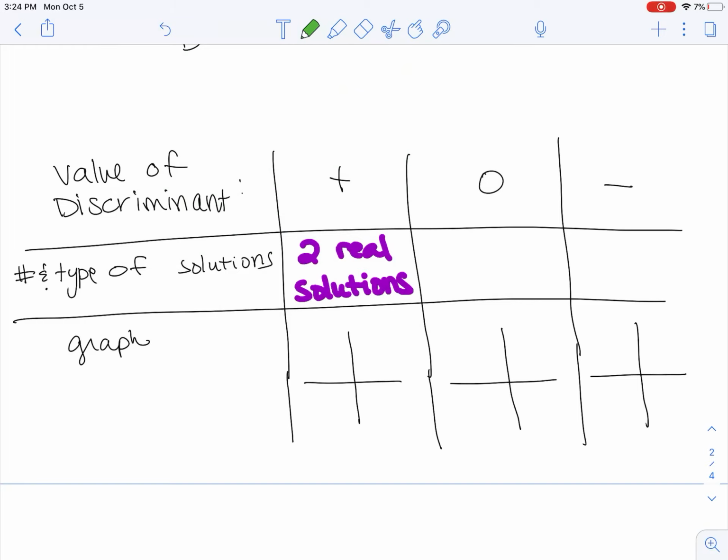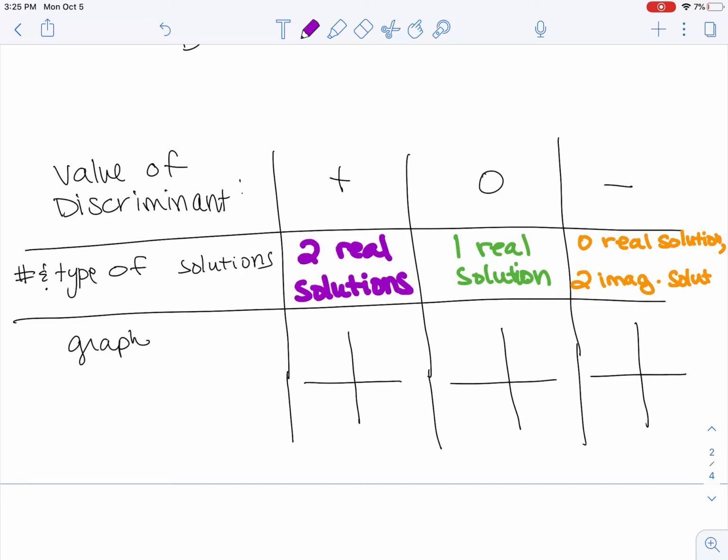If it's 0, if the discriminant is 0, it tells me that for that quadratic equation, there is 1 real solution. And if it was negative, that tells me that the quadratic equation has 0 real solutions, but it has 2 imaginary solutions, okay? And here's what this looks like.